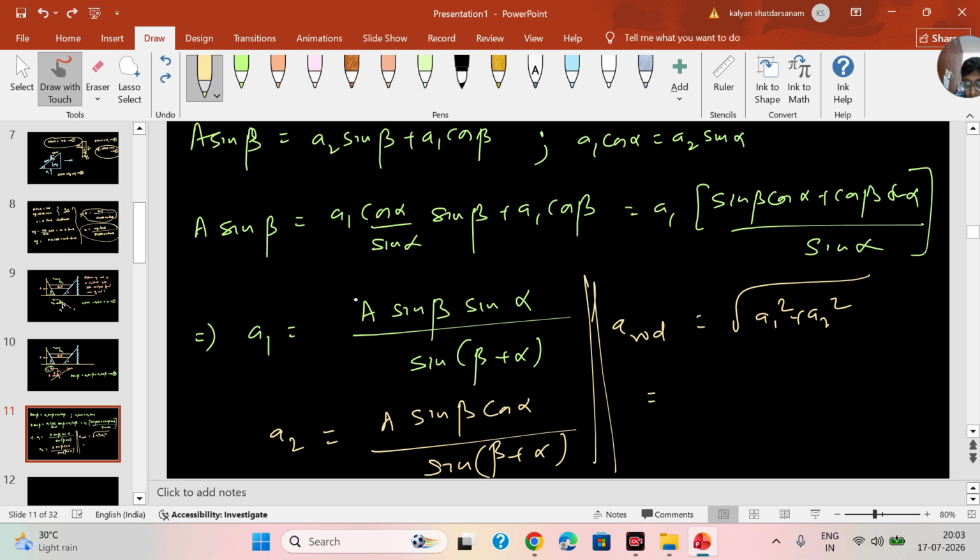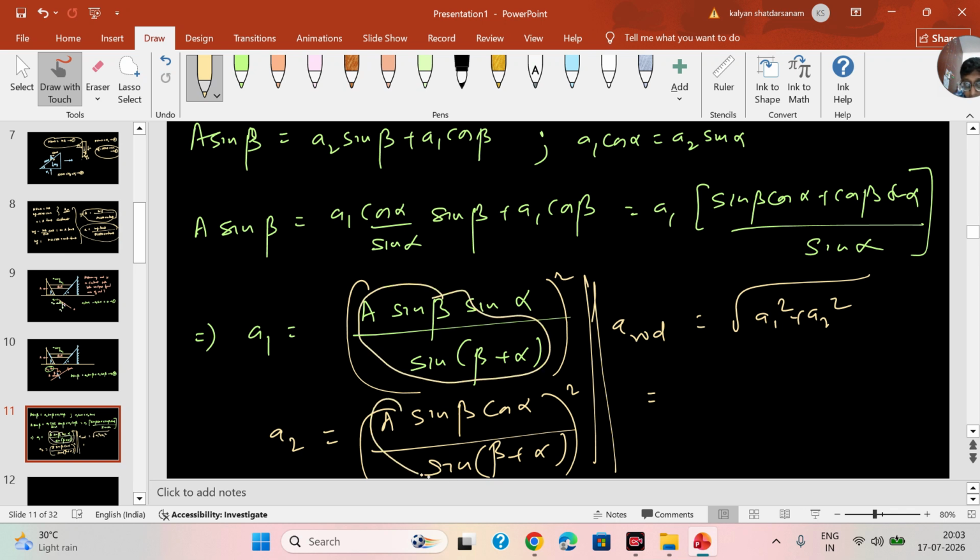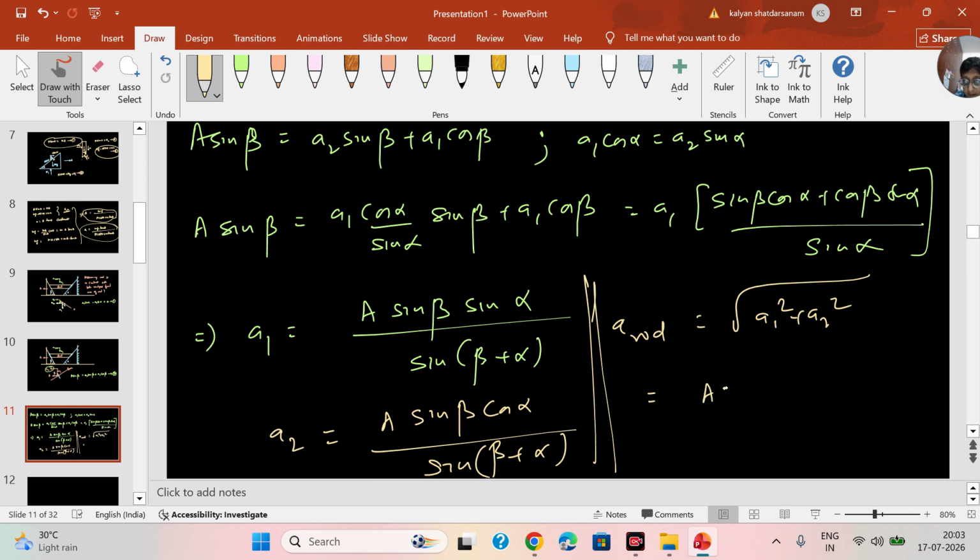I hope you are understanding. When you square this and try to add, first this term is common in both, this square. Then you will be left with sine square here and cos square here, but sine square plus cos square is 1. So it will be A sine beta by sine beta plus alpha. That will be the acceleration of the rod.